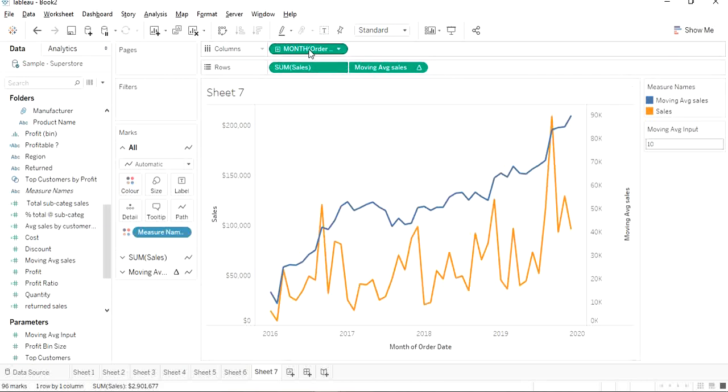Now see, the window function will not assume what days or months or years I have to take. The window function will just go point to point. So if you bring this to monthly, all the data points in your graph are monthly points. If you have changed it to day, all the data points are day points. Got the point?